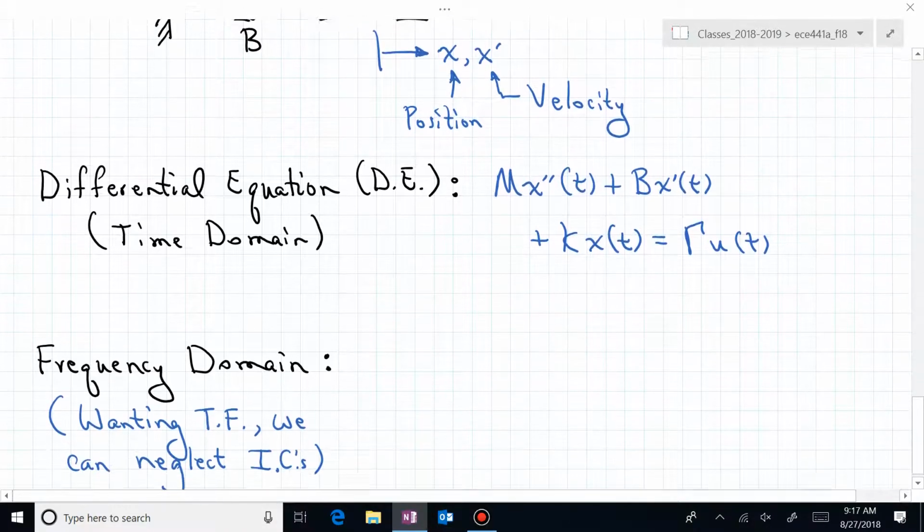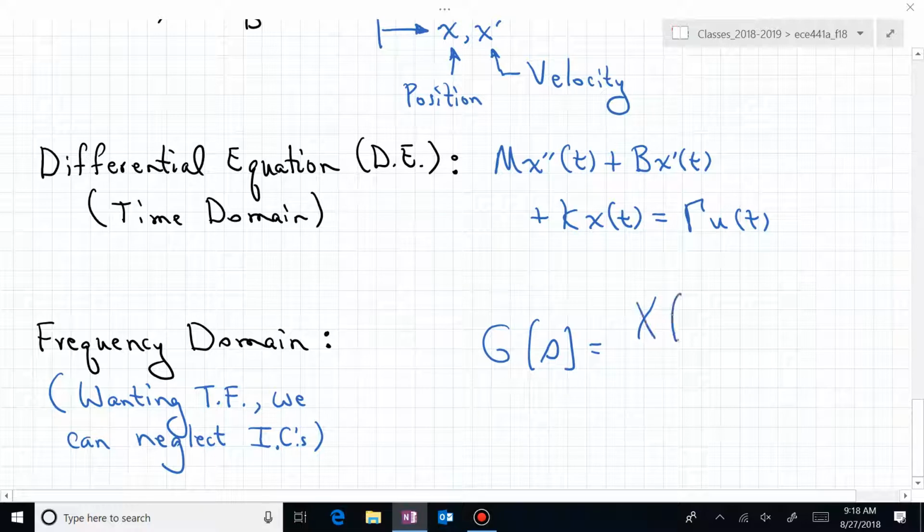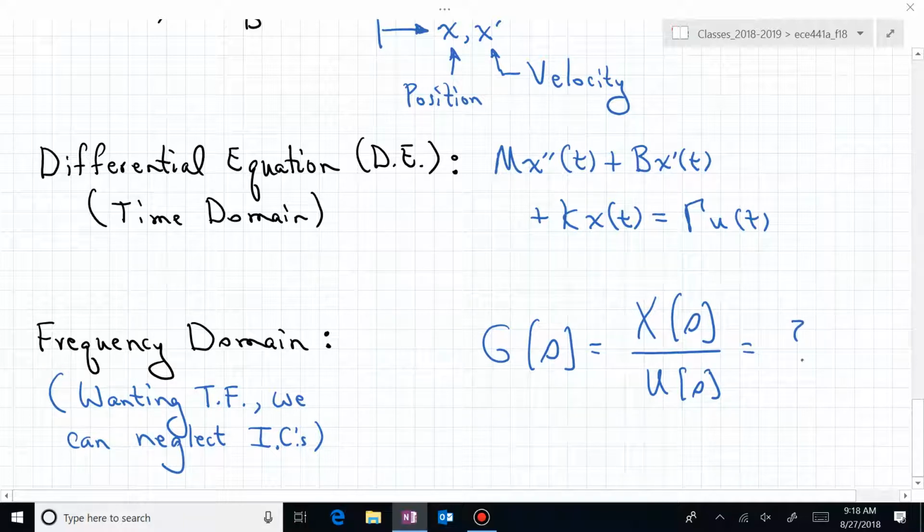What I want you to do now is Laplace transform that and find the transfer function between the input U of S and the output capital X of S. What I'm looking for in this activity is to find G of S, which is the ratio of, let's assume the output in this example is the position of that mass, and the position is X, its Laplace transform is capital X of S, and the input Laplace transform U of S. I want you now to find G of S.